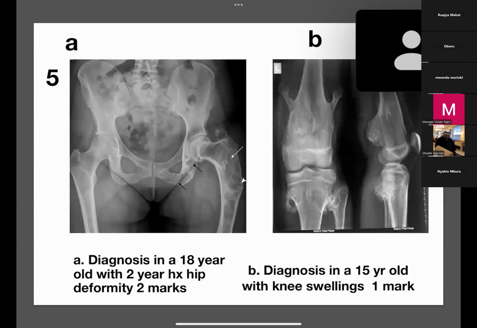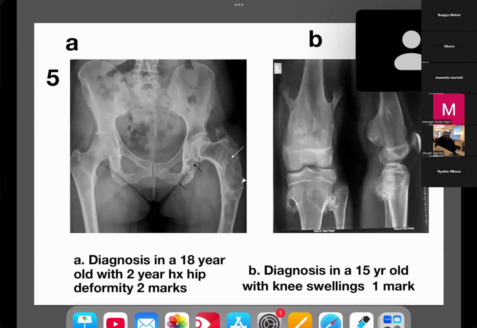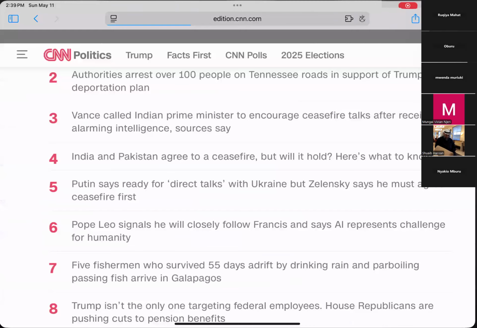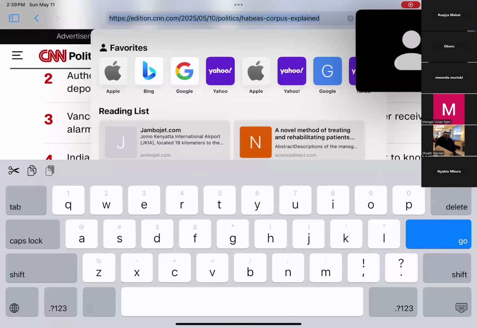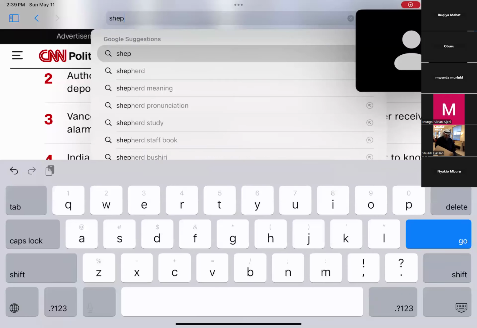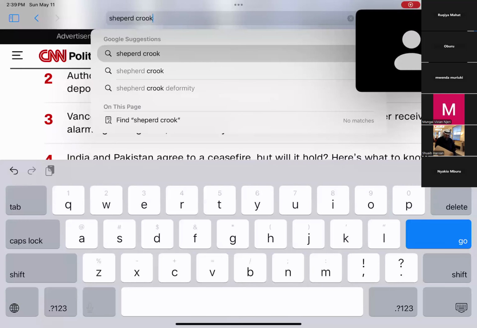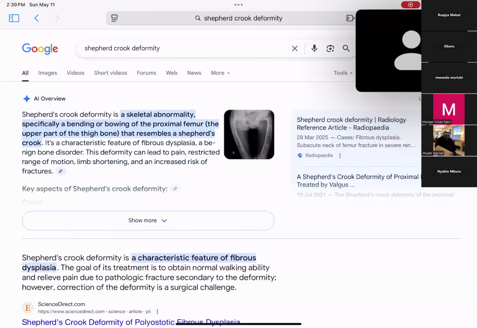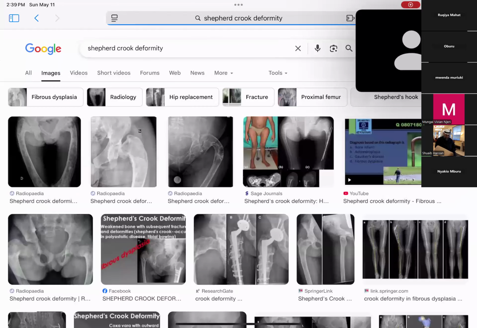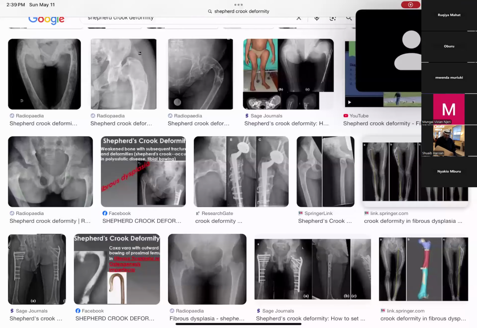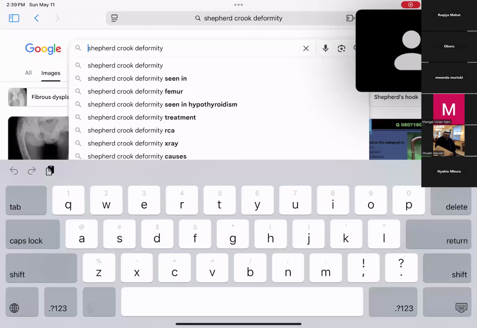A shepherd's crook is something you would find, maybe sometimes in some churches, like the Catholic Church. It's something that the priest would use. But this is a shepherd's crook deformity. A shepherd's crook for shepherds.